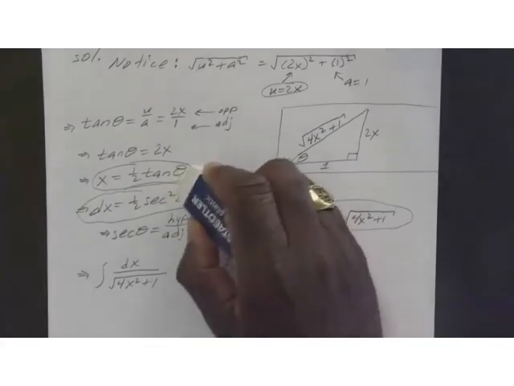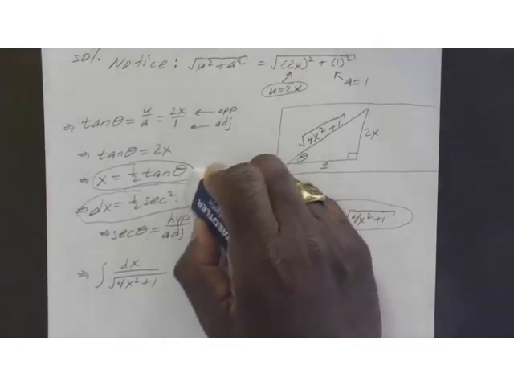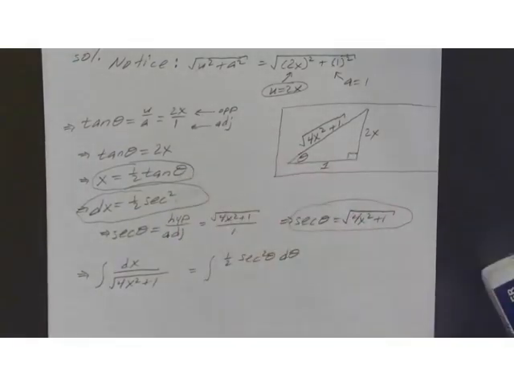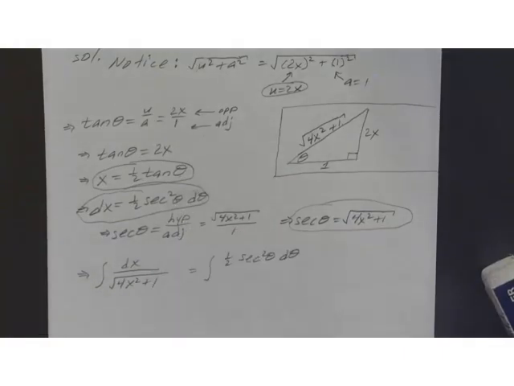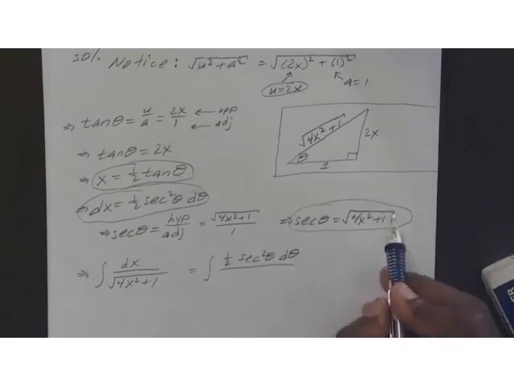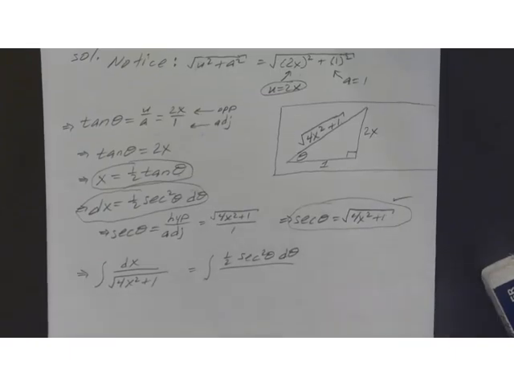Oops, forgot my theta in here. There we go. Divided by the square root of 4x squared plus 1. Oh, luckily for us, that's just secant of theta.